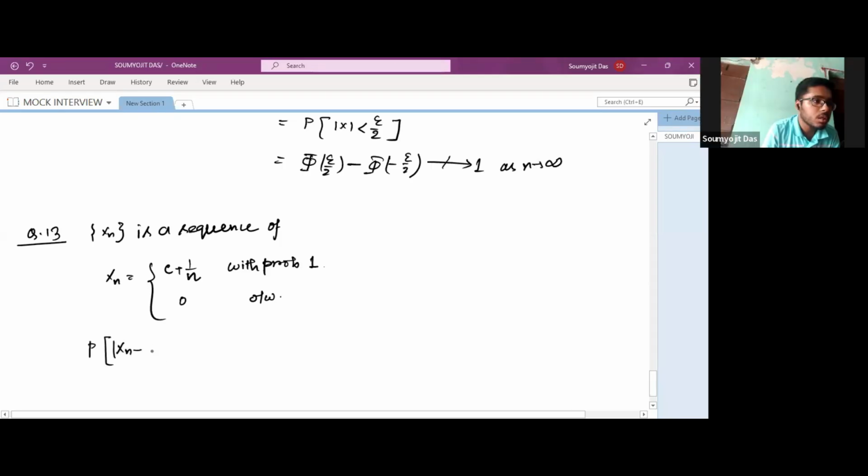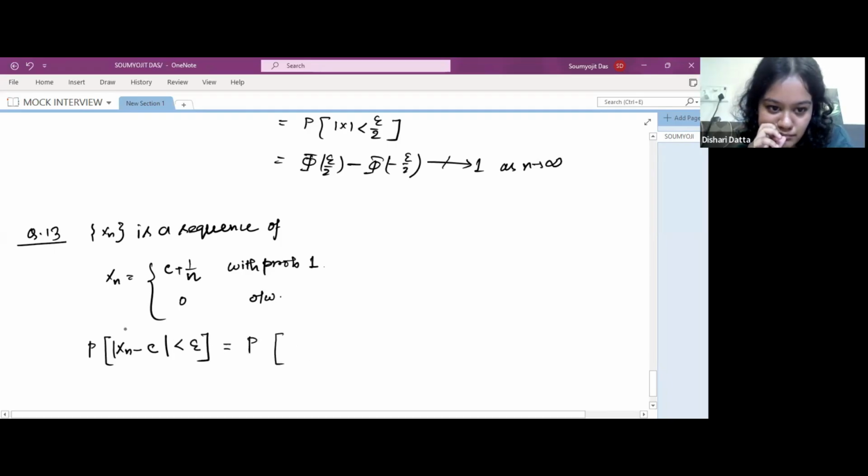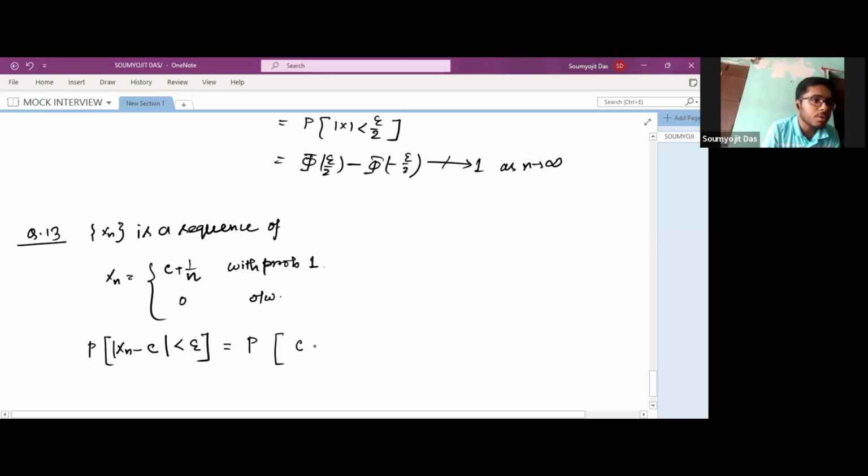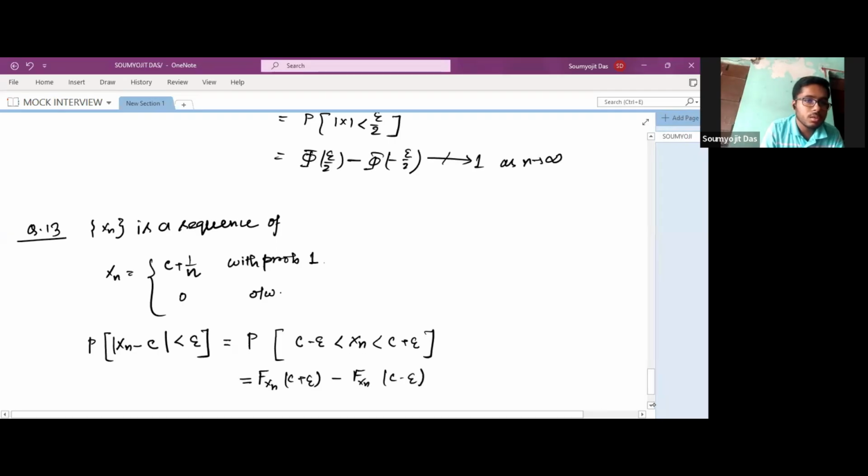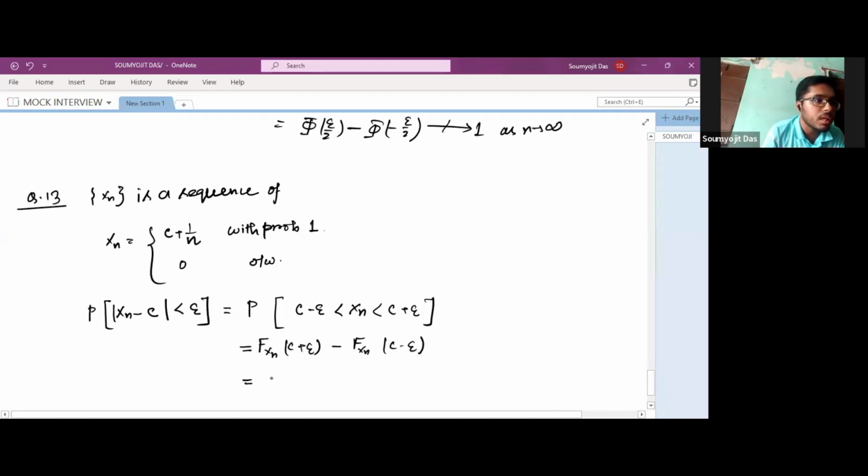Yes, ma'am. So if you consider |Xn minus c| to be less than epsilon, then the probability that Xn lies between c minus epsilon and c plus epsilon will be F(c plus epsilon) minus F(c minus epsilon).